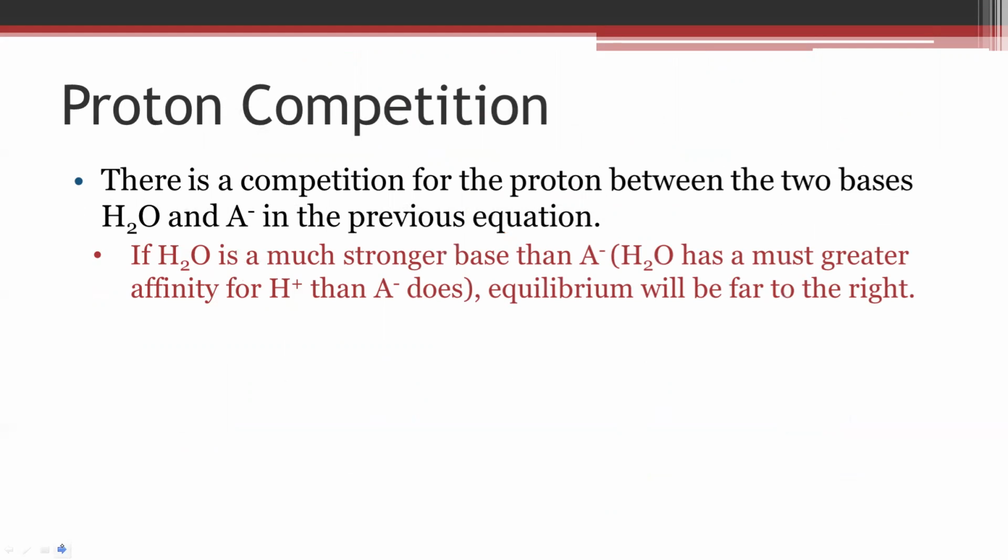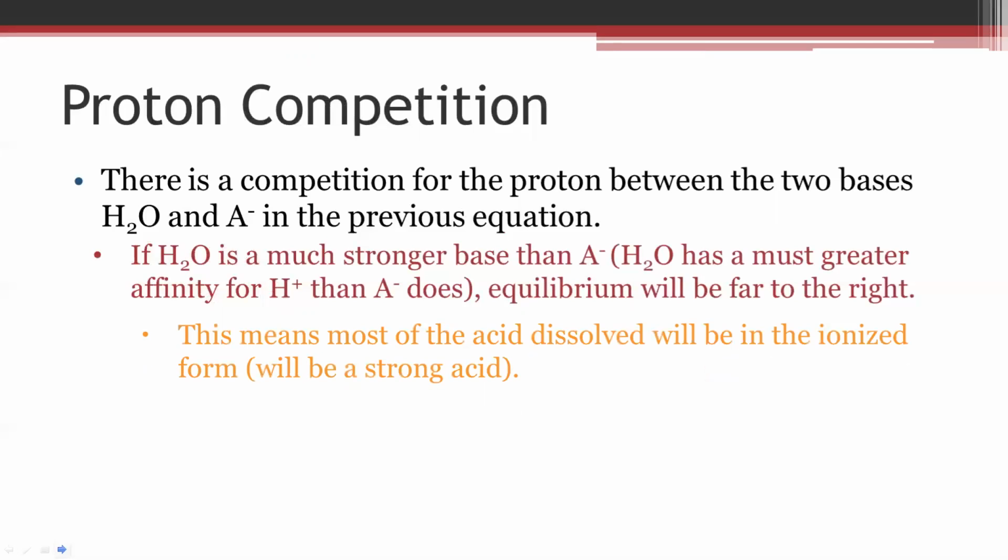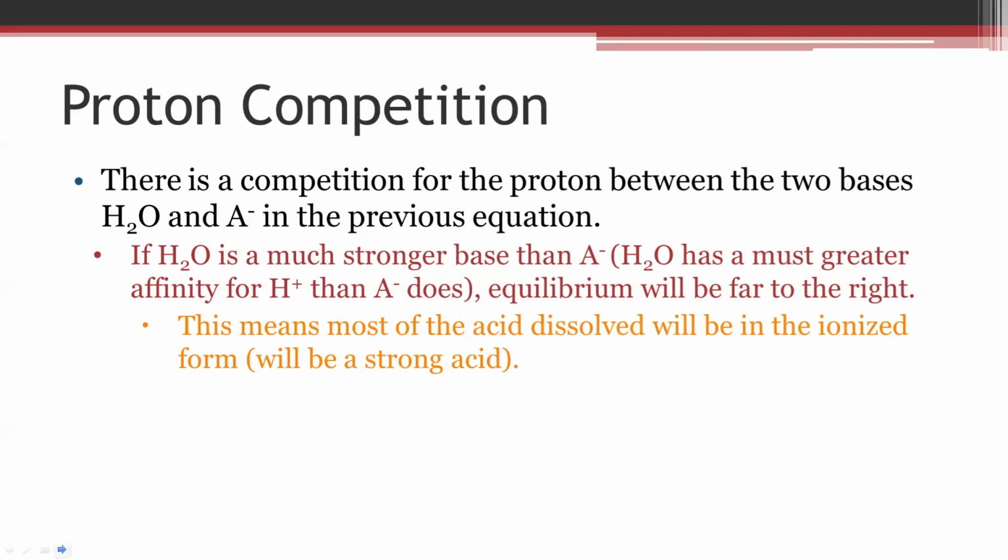If the water, which is the base in this situation, is a stronger base than the conjugate base A minus, meaning that water has a greater attraction for that proton than the anion does, then the equilibrium will lie far to the right, which means that most of the acid is going to dissolve. So it will be ionized, it will dissociate, and that would be considered a strong acid. If the acid likes to be broken apart, then it will be a strong acid. It will completely dissociate. That's what that means.